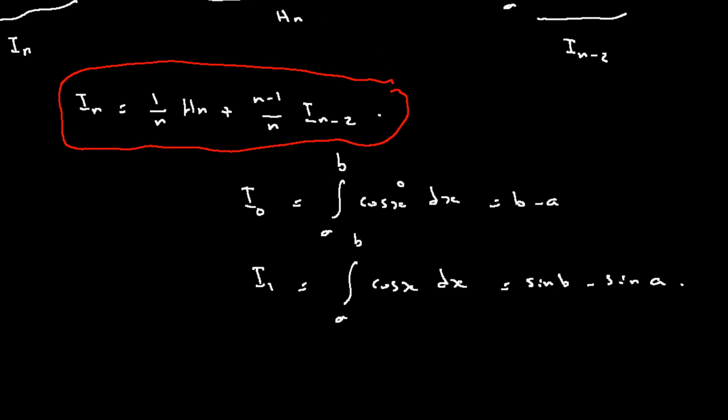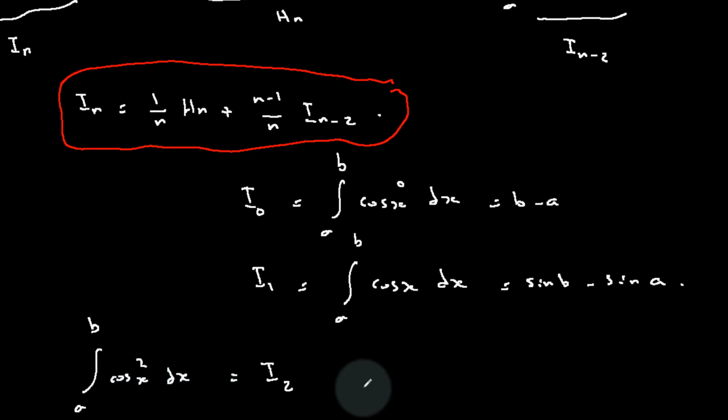So I2, which is the integral from a to b of cosine x power 2.